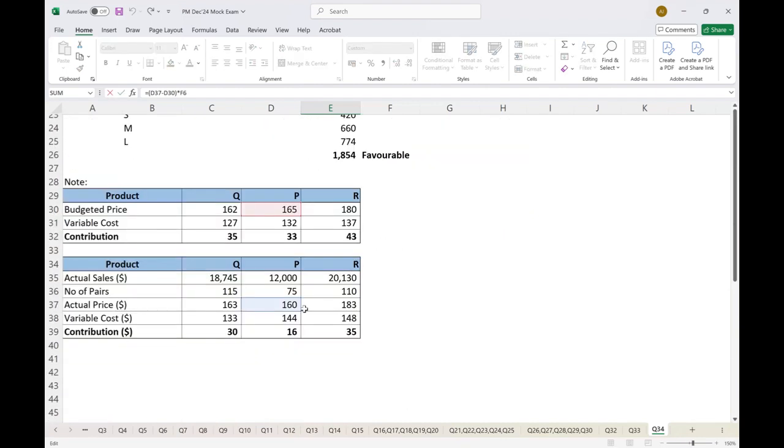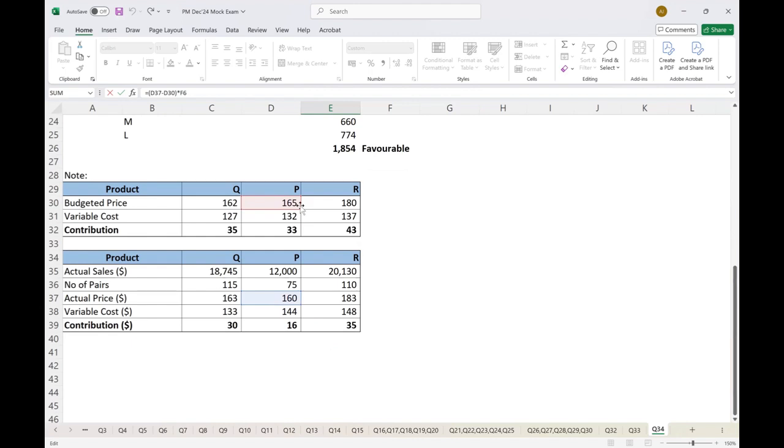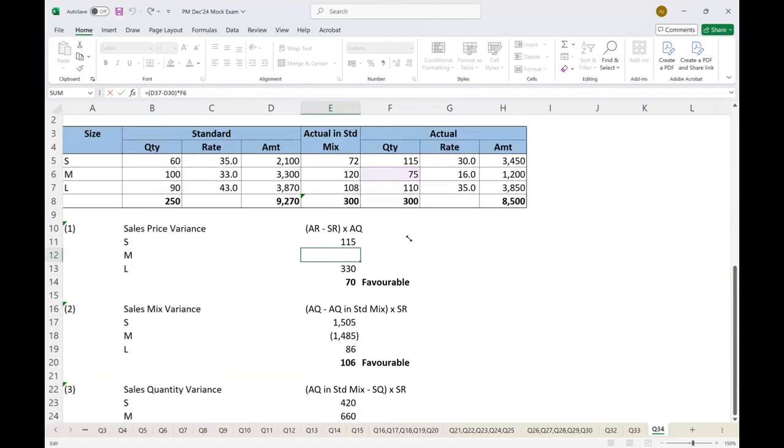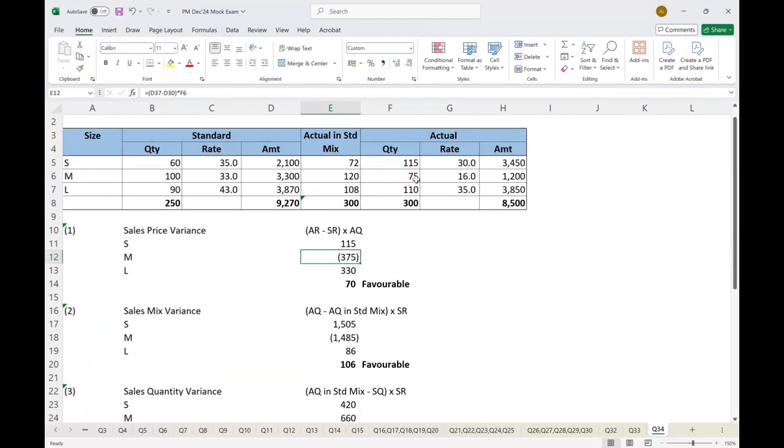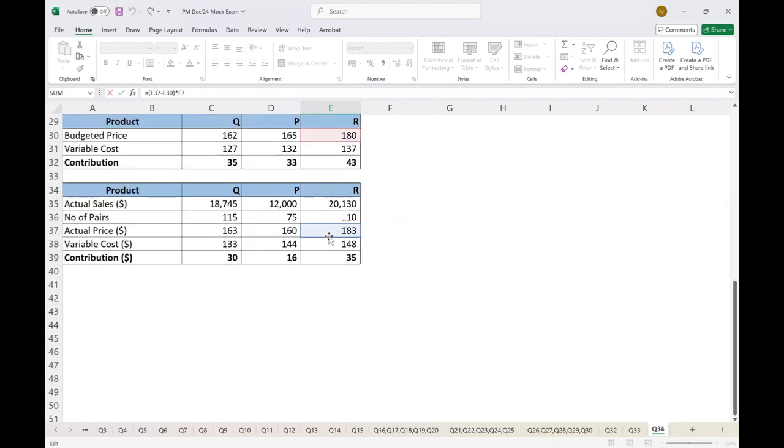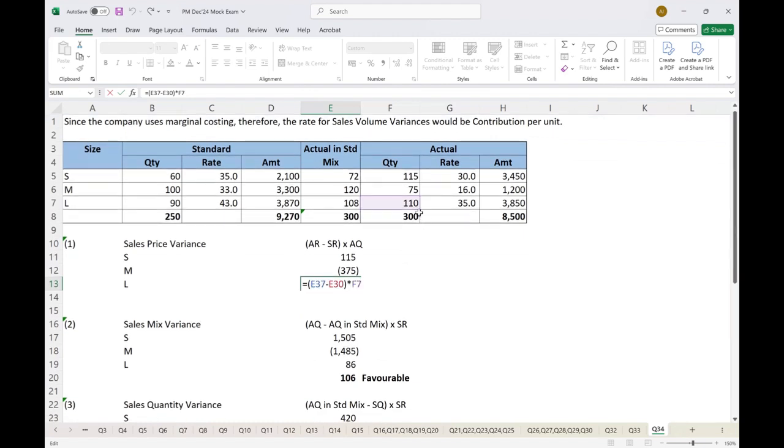Then similarly 160 minus 165 multiplied with actual quantity. Then 183 minus 180 multiplied with 110. So the total is 70. And if the number is coming positive, it means that there is a favorable variance.